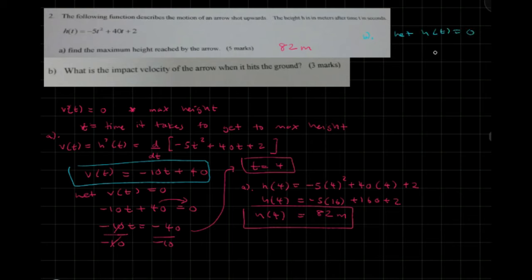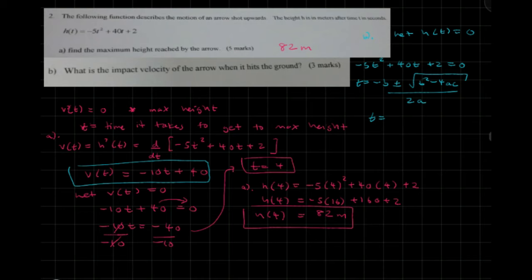And we get negative 5t squared plus 40t plus 2 is equal to 0. I want to solve for t. In this case, you can actually just use the quadratic formula. So t is equal to negative b plus or minus the square root of b squared minus 4ac, over 2a.